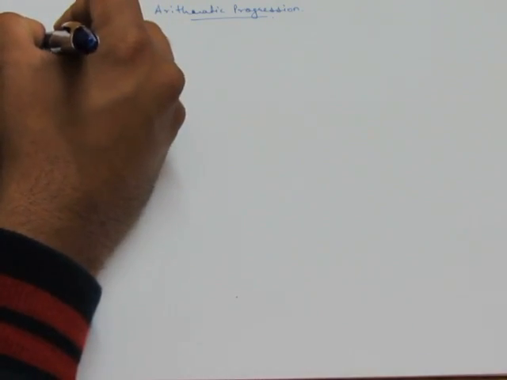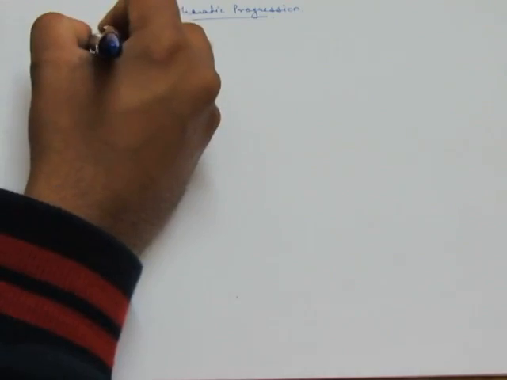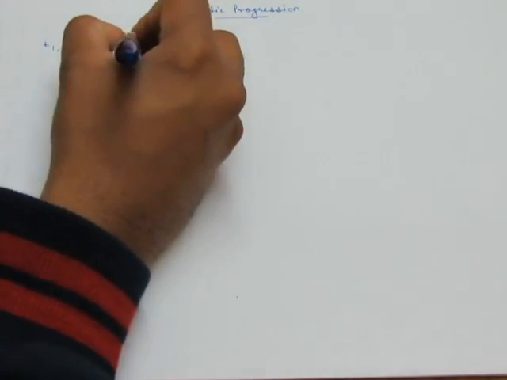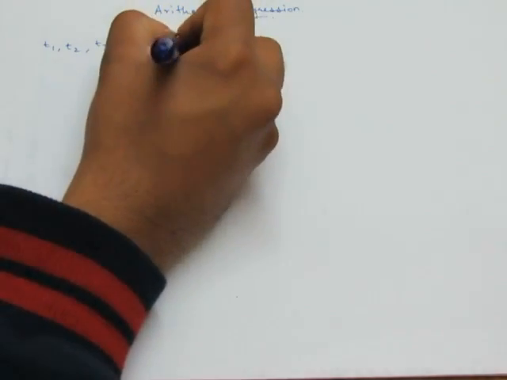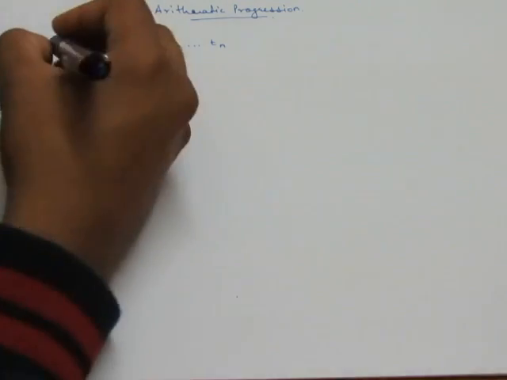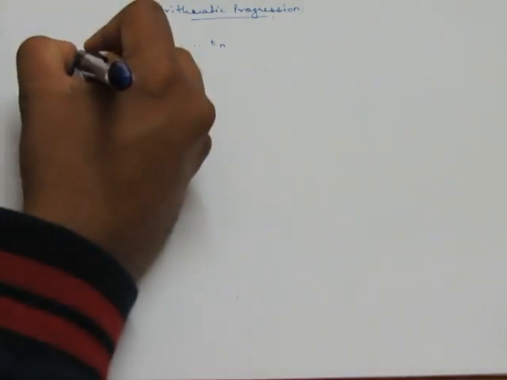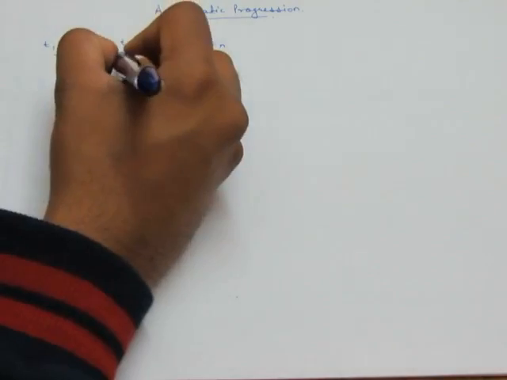Let's say T1, T2, T3, T4, T5 till Tn, n terms of an AP. As we know, the difference between any two terms, let's say we define it as D. So this has to be constant.